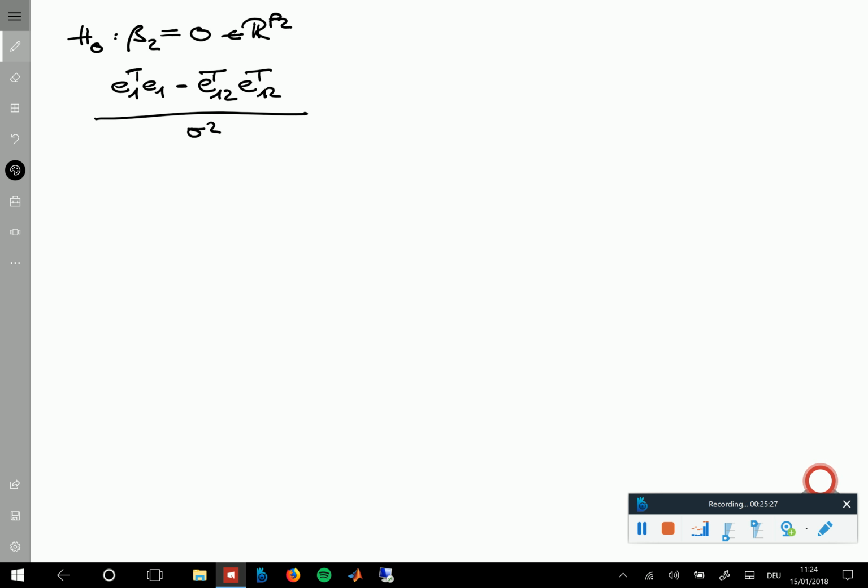If the null hypothesis is true, that is, beta 2 is 0, then (epsilon_1^T epsilon_1 minus epsilon_12^T epsilon_12) divided by sigma square is chi-square distributed.